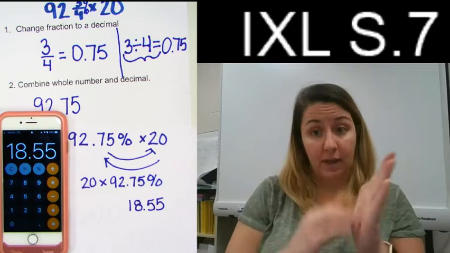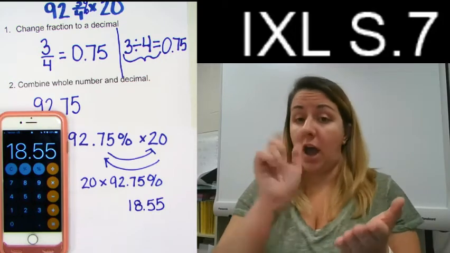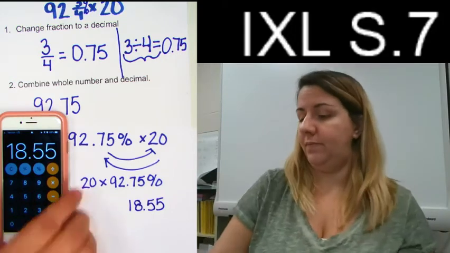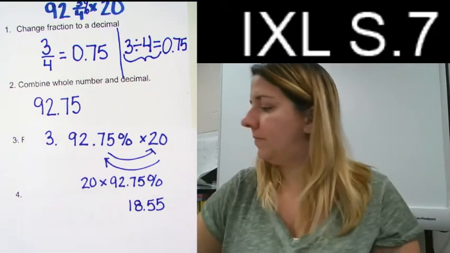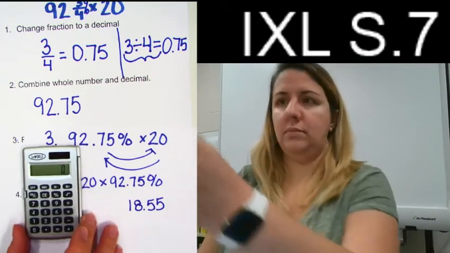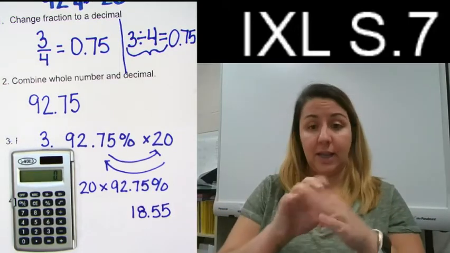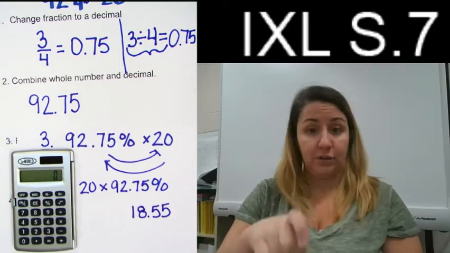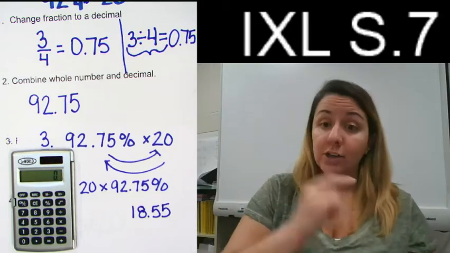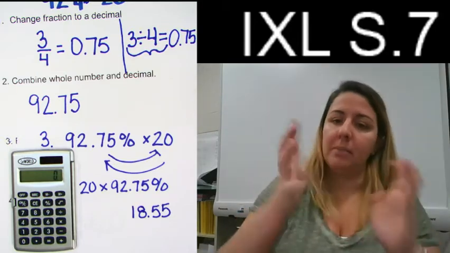On different calculators, you may not have to push equal. So here's an example. This calculator, I do not have to push equal. And actually, if I push equal, it's going to mess up the answer.